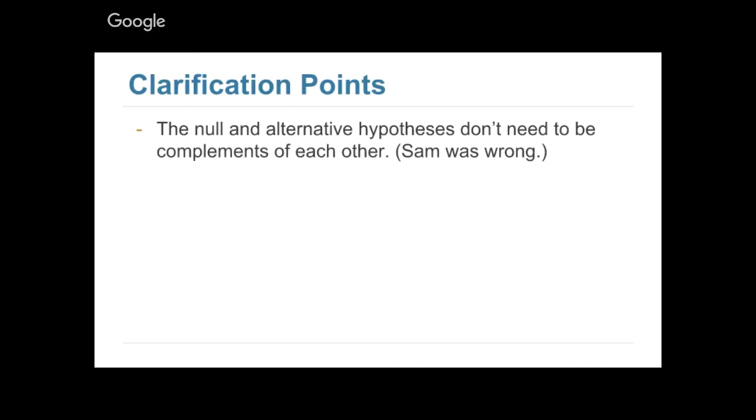It does not have to be the case that the null and alternative are complete opposites of each other. Because I can ask the question, the null is my coin is fair, the alternative is that my coin is biased towards heads. That leaves me with a third alternative, which is that the coin is biased towards tails. So it does not have to split the world into two pieces, like I mentioned yesterday. It just has to be the case that if one is true, the other one is not true.